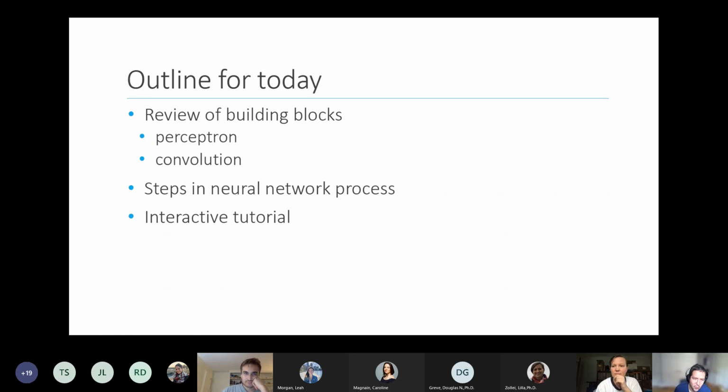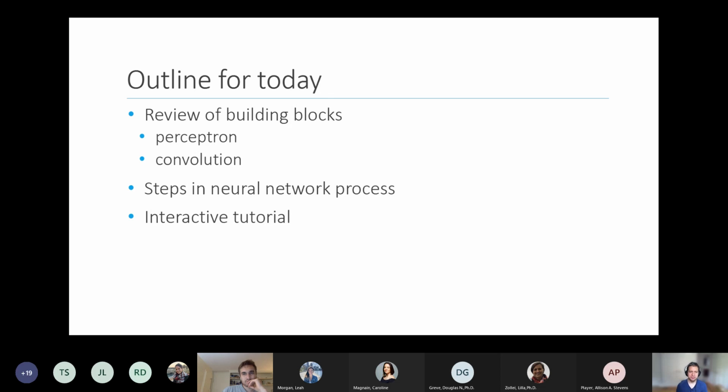Okay, so we kind of left off last time by just saying that deep learning is really about building these function approximations with small building blocks. And so I'm going to cover in a little more detail what those building blocks tend to be. I'm then going to quickly go over what I think are important steps in using or building neural networks.